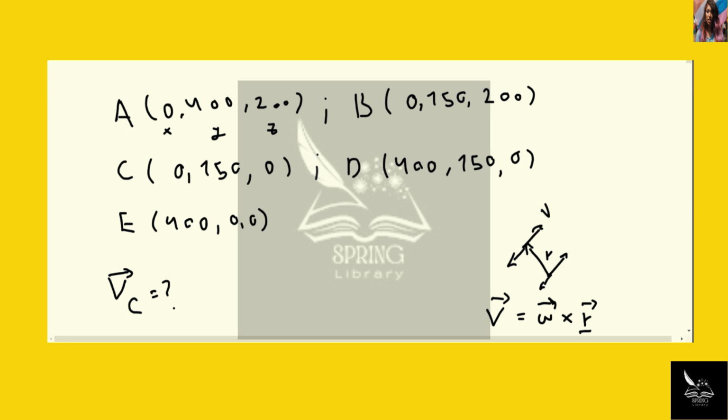Now point E has 0 y and 0 z component. So the resulting vector will have x component from the point E and y component from the point C and 0 z component. So it will be in the xy plane. And of course, this x, which comes from the point E, will be negative because this is from E to C.